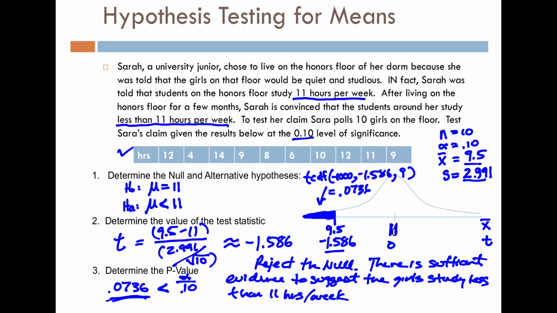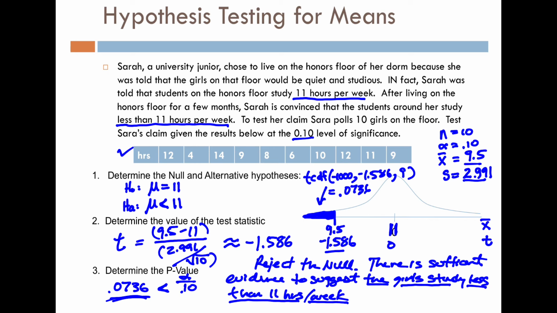All we're doing here in this part, right, there's sufficient evidence to suggest, that's all part of our template that we looked at back in the first introduction of the hypothesis tests.